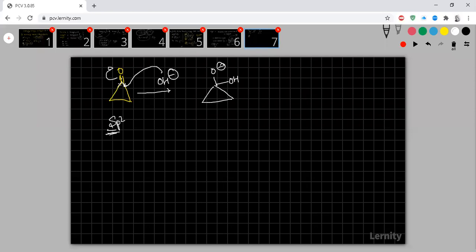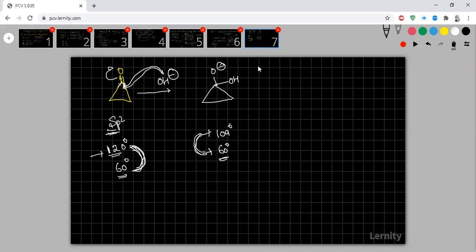Actually it should have 120 degrees, but we put them at 60 degrees. Now it is having 109 degrees, we put them at 60 degrees. But the angle strain is too much here because the difference in the angle is too much. Here the angle is less. So to minimize the angle strain, this OH minus will go and attack here.